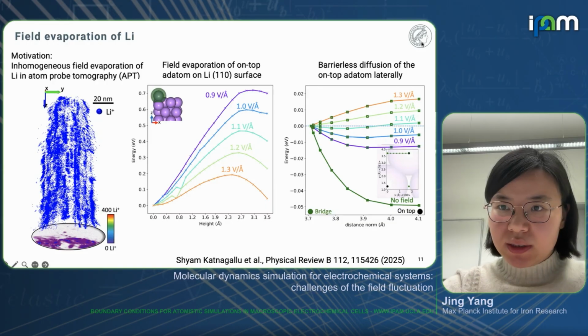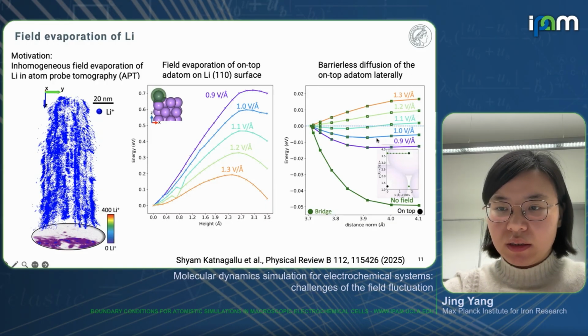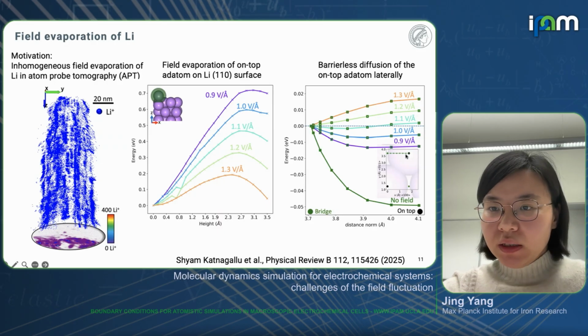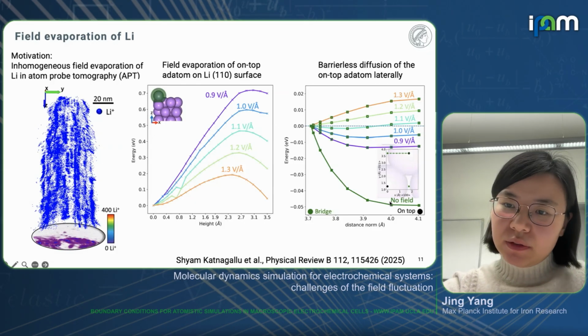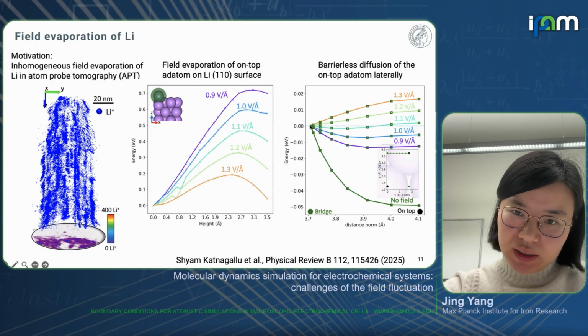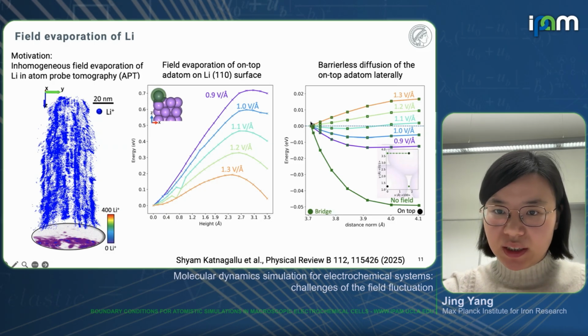However, what is very interesting is that he also looked at the energy profile when you have this kind of lateral diffusion. So initially, this adatom is sitting on the on-top site. And then at no field, it is thermodynamically not favorable for this lithium atom to go into the bridge site.